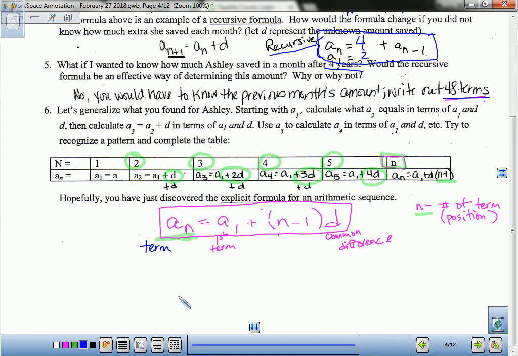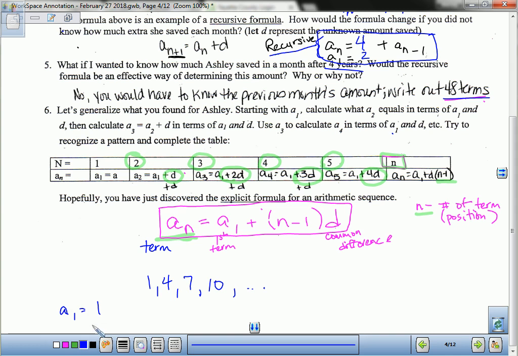So let's go over this terminology. If I gave you this sequence, 1, 4, 7, 10, ... Okay? What is A sub 1? First term. The first term. And in this sequence it is 1.